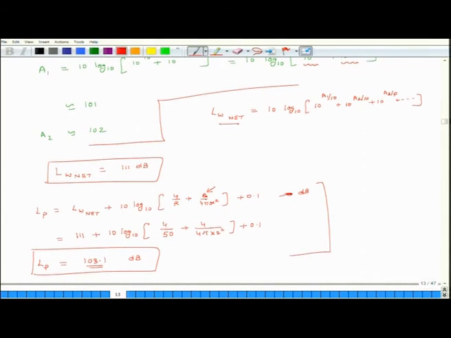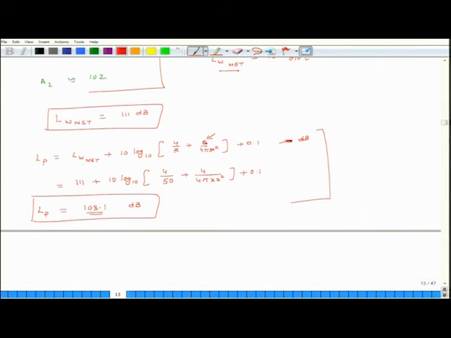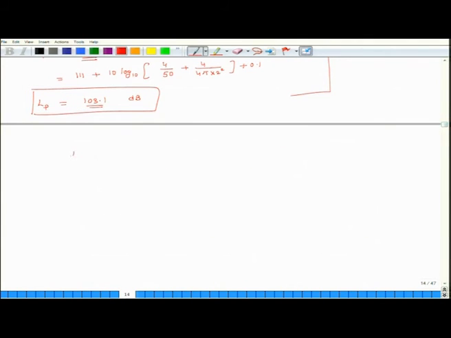How would you deal with it? The way to address that problem is that here we have computed LW net, but if the directivity was different, then what would we do?